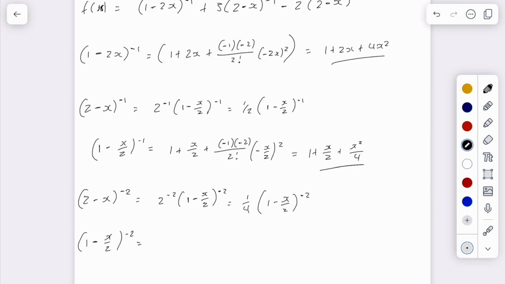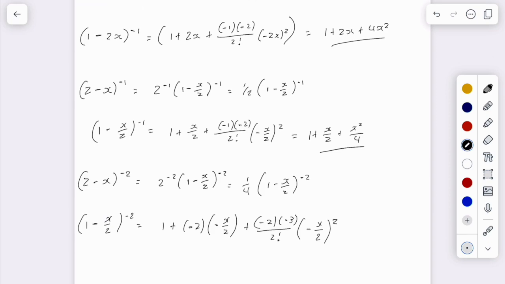And in terms of this, if we simplify this out, what's it going to give me? Well, what that's going to give me is 1 plus minus 2 times minus x over 2, okay, plus minus 2 times minus 3 over 2 factorial times minus x over 2 squared.